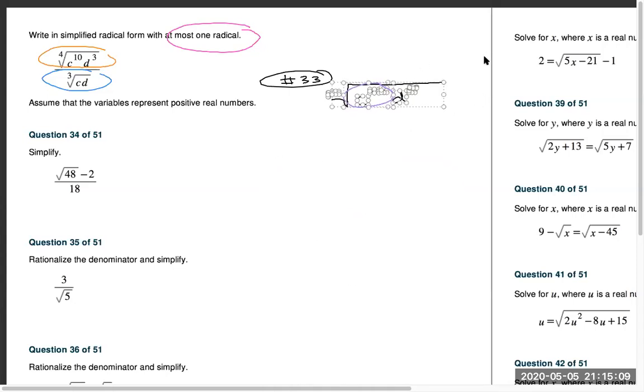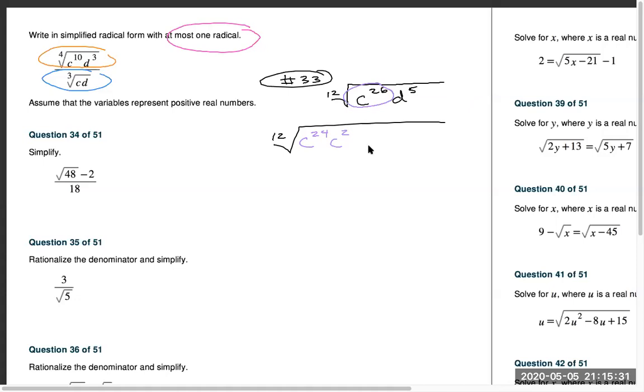Okay, so this step we have 12th root. C can be broken into 24th power and 2nd power.